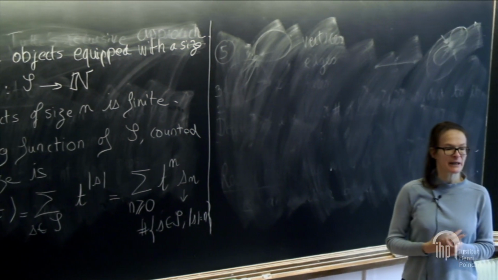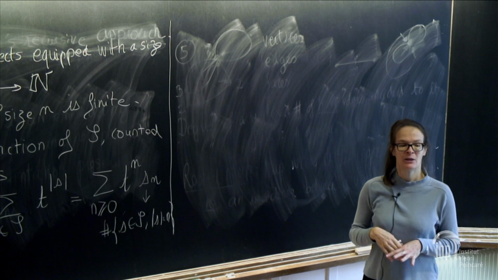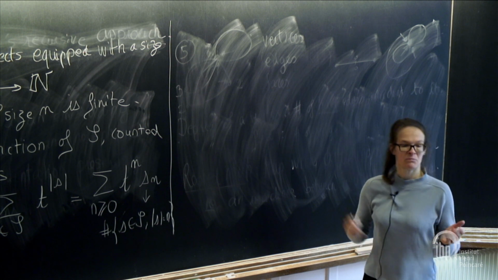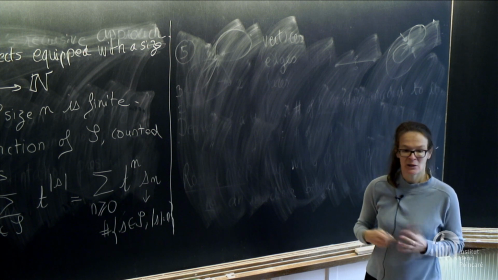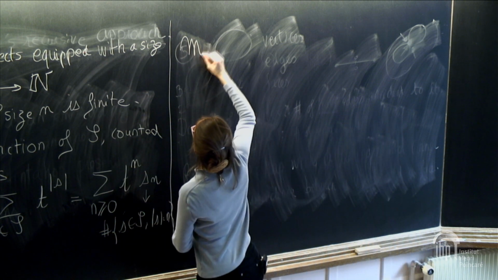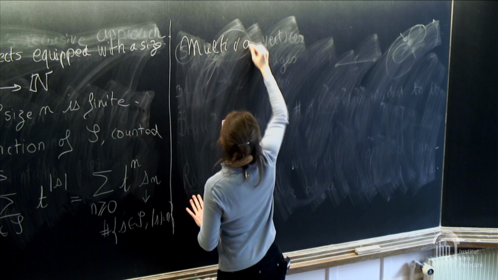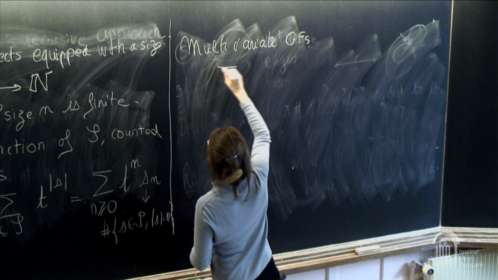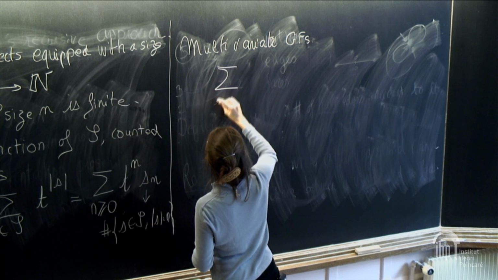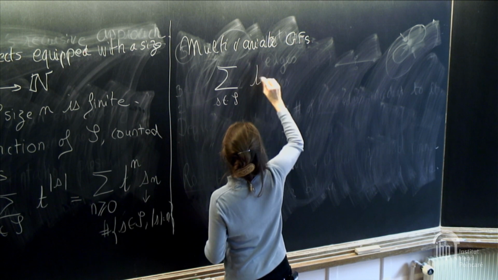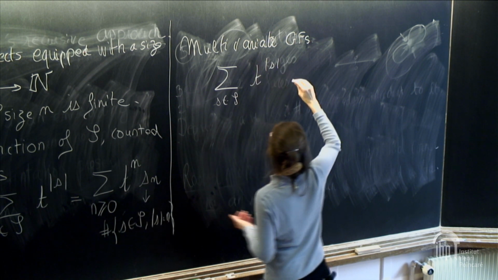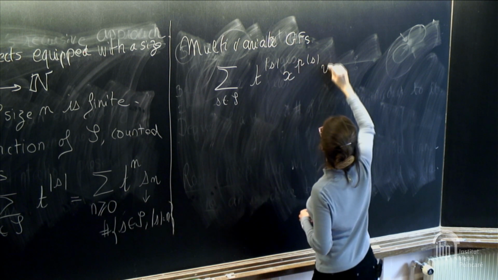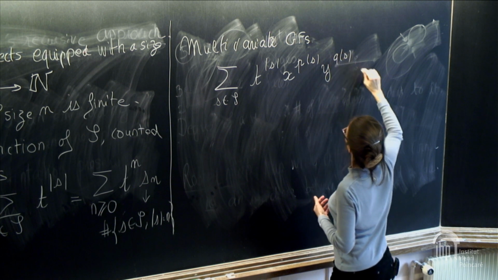And so on many occasions, we will count our maps according to several parameters. For instance, the number of edges and degree of the root vertex or whatnot. So we will also have some multivariate generating functions, like for instance the sum over all objects of t to the size and then x to some additional parameter and maybe y to some third parameter.